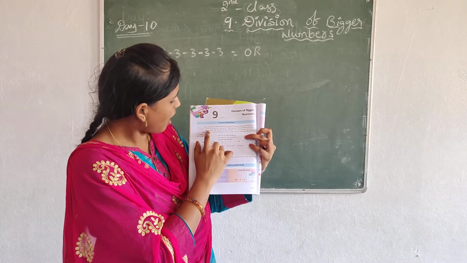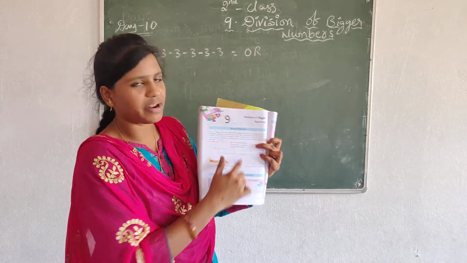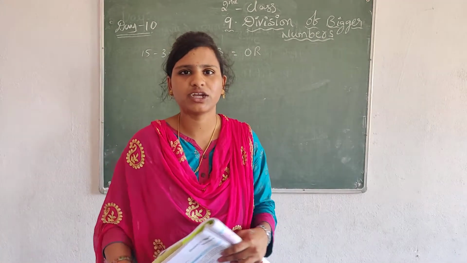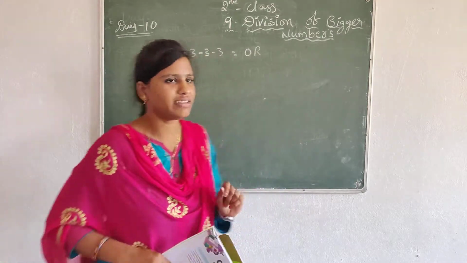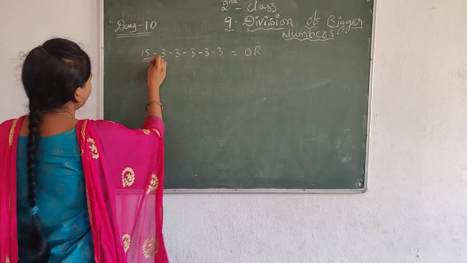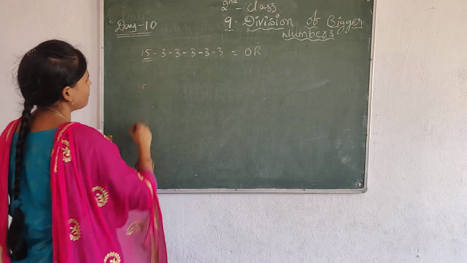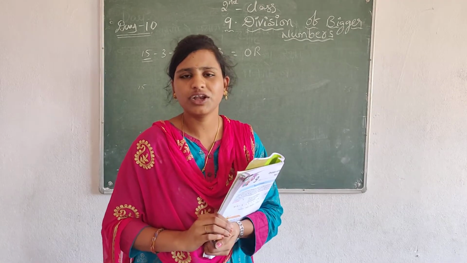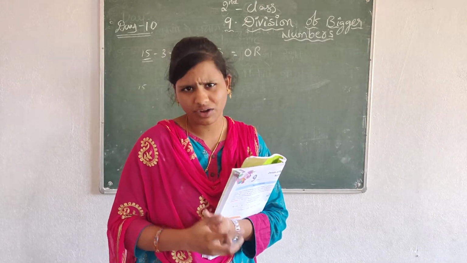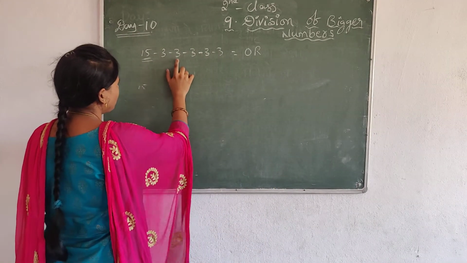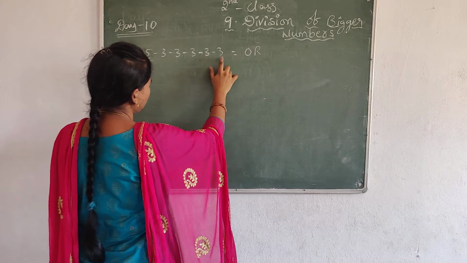Division is another name for repeated subtraction. Repeated subtraction means, for example, if you take 15 and divide it into groups of 3, see: 3 minus 3 minus 3 minus 3 minus 3.